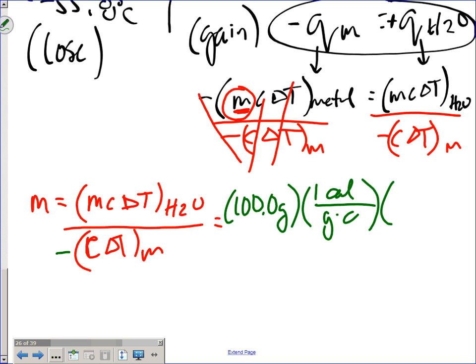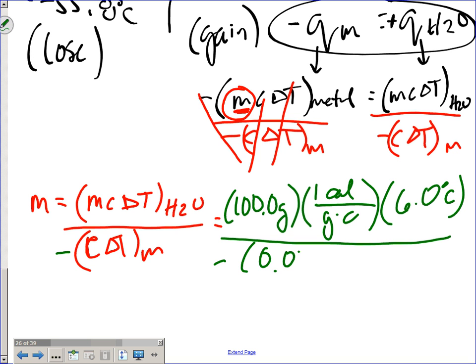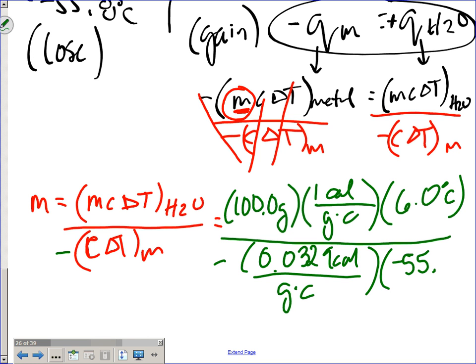Say again? 6 degrees Celsius, divided by negative 0.0329 calories per gram degree C. And the delta T of the metal was negative 55 point, what was it? 8. Sorry, my data table's hidden up there.